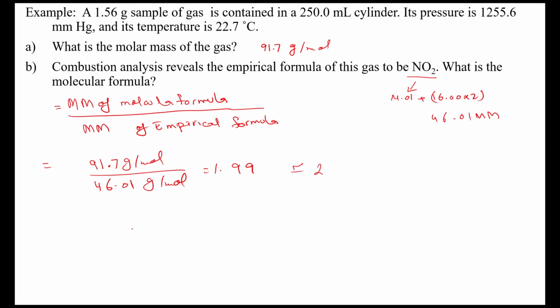And the next step is the empirical formula. You will be multiplying these subscripts by the ratio that you found from this step. So when you do that, you will have the molecular formula N2O4.